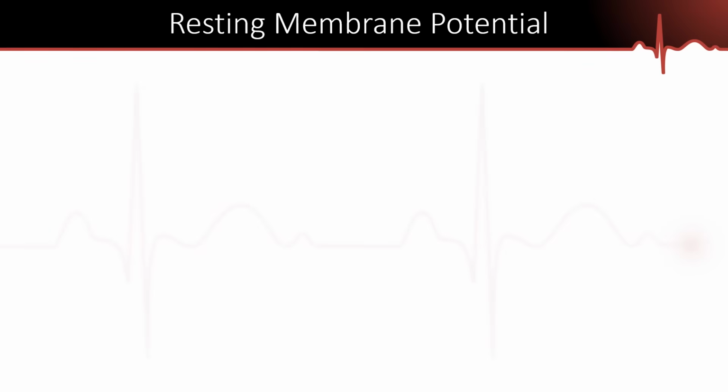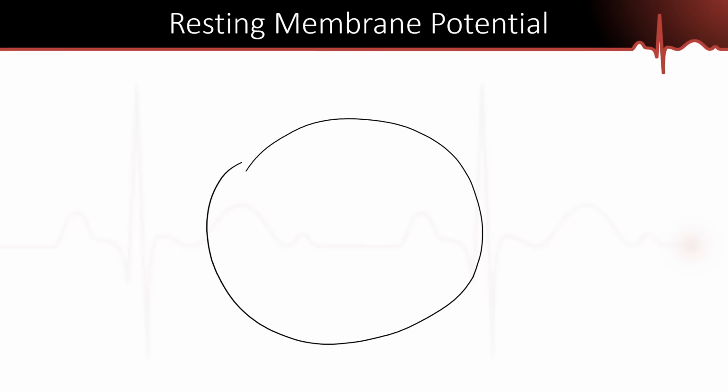So let's go ahead and put all of this together and see how it results in the resting membrane potential being developed, specifically with regard to neurons. So we know what's happening right now, right? The inside has become more and more negative. Why? Because potassium is leaving at a greater rate than sodium is coming in, right?